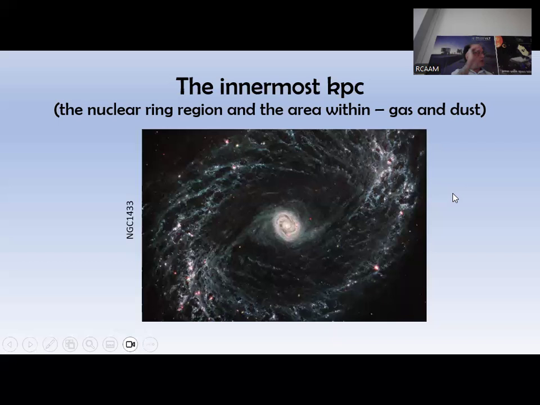It is not always the same morphology. We observe several morphologies in the central region, in the gas, in the dust, and sometimes whenever we have observations in the near infrared, we can claim that we also see the stellar component in there. You will see some more examples.